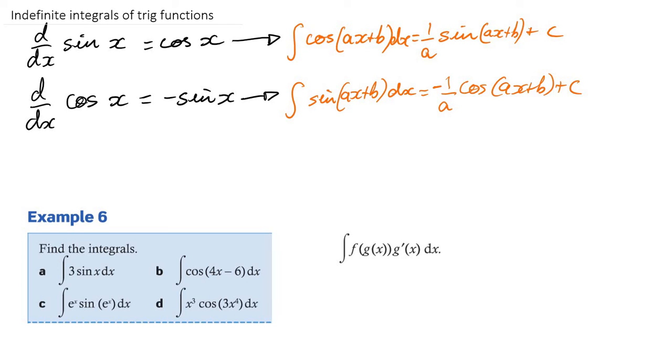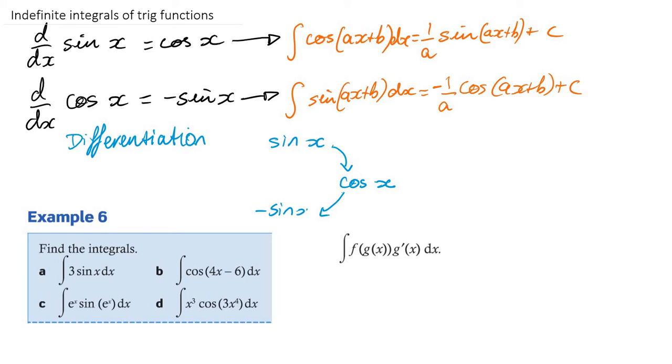What I've seen people use to help them remember differentiation and integration of trig functions is this. For differentiation, the derivative of sine of x is cos of x. The derivative of cos of x is negative sine of x.